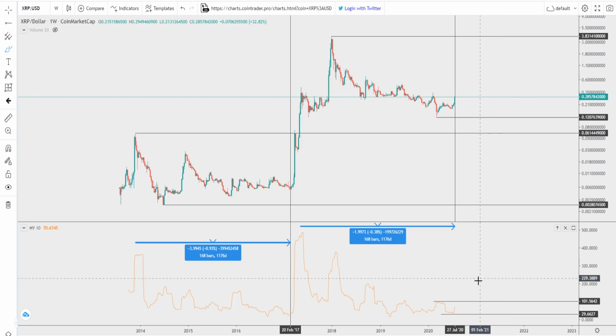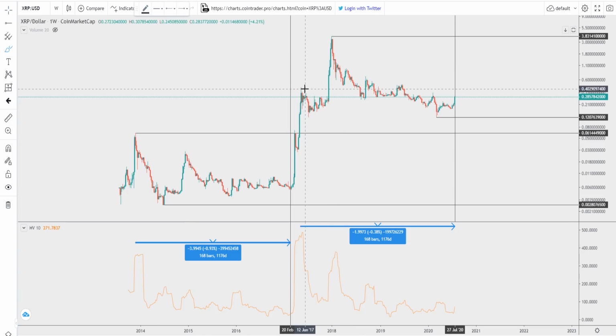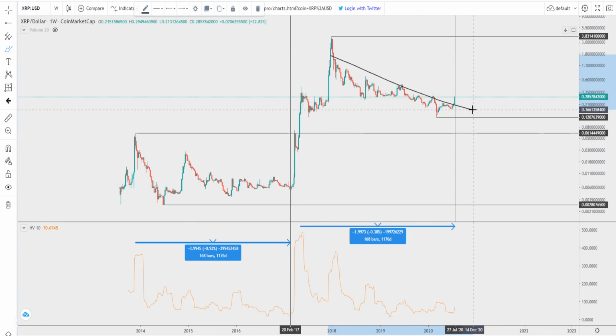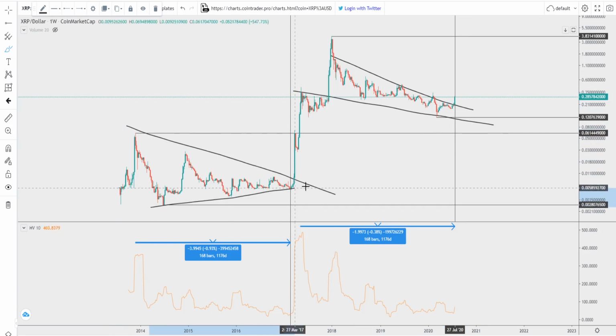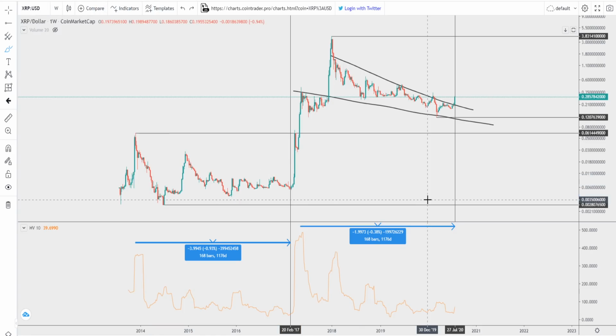So this is one idea, one possible scenario. When we are making technical analysis, we are always looking for multiple scenarios. That's how it works. We don't draw lines like this and say, this is it, this happened before, that's how it moves. No, that's not how it works.